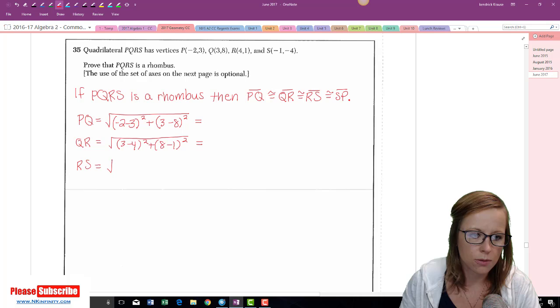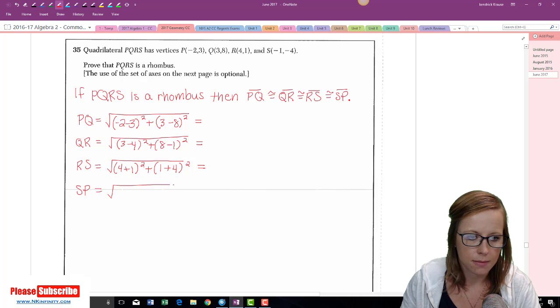RS is equal to the square root of 4 minus -1 squared plus 1 minus -4 squared. And then S to P: -2 plus 1 squared plus 3 plus 4 squared.